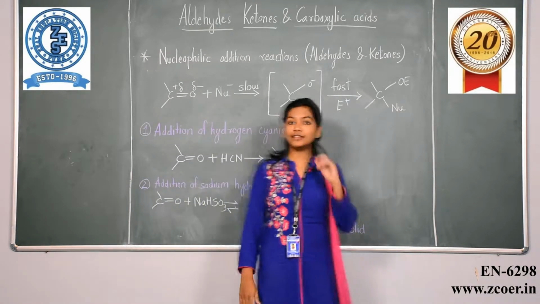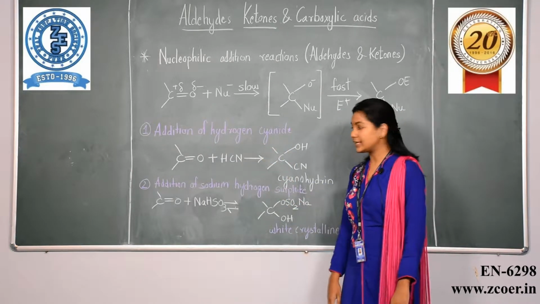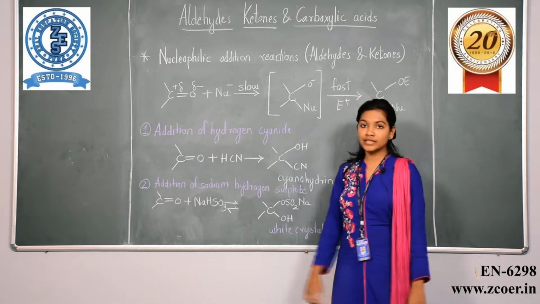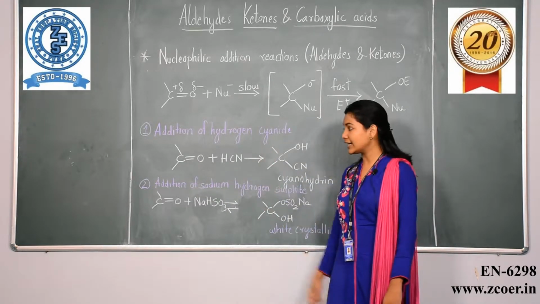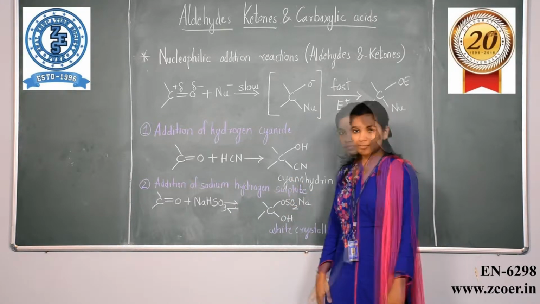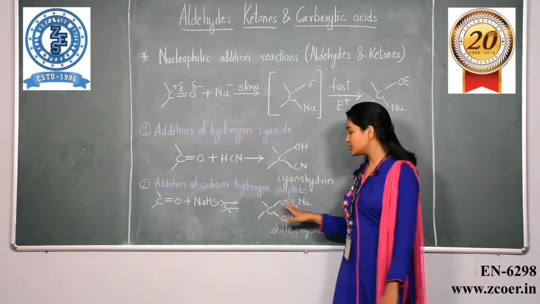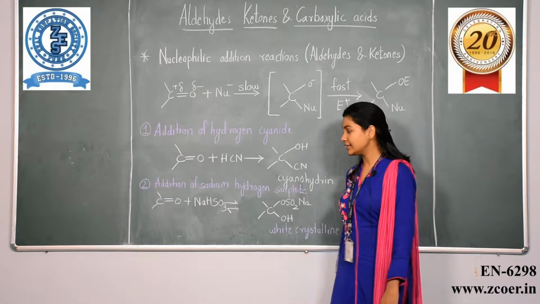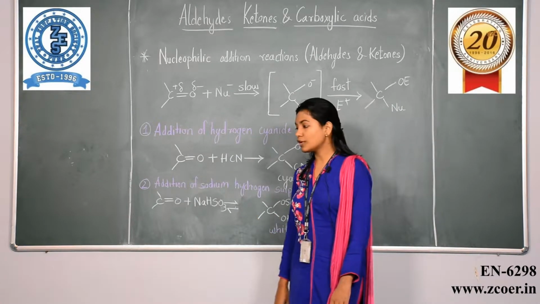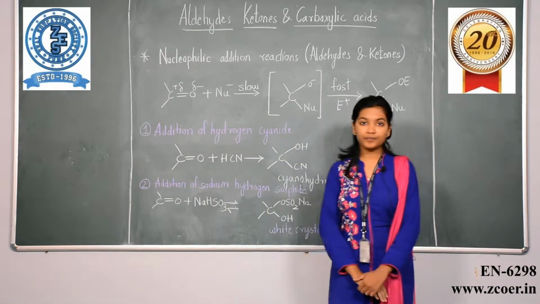Under this addition, we will see the addition of hydrogen cyanide. When the aldehyde or ketone group reacts with, for example, hydrogen cyanide, a product called cyanohydrin is formed. Similarly, the reaction of sodium hydrogen sulfite with the aldehyde and ketone group is used mostly for separating aldehydes and ketones.